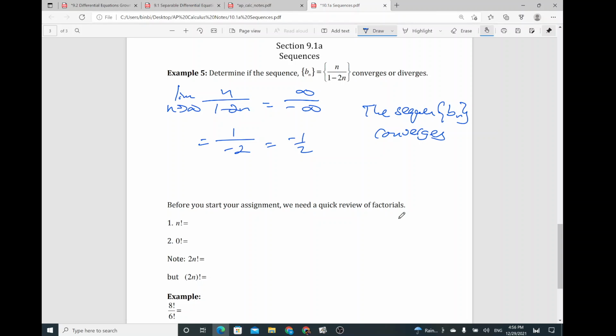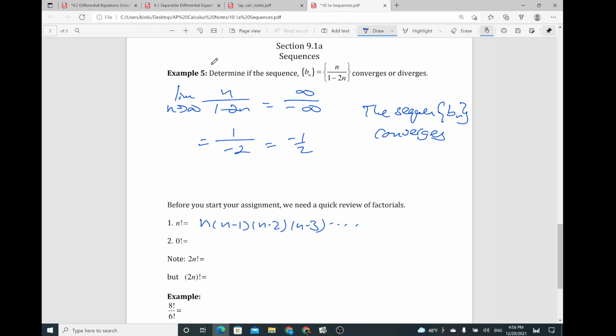Before you start the homework tonight, make sure you check this review, some of the review problems we did, from algebra 2, on factorials. n factorial is n times n minus 1, n minus 2, n minus 3, and so on. You might be wondering why we are doing this.